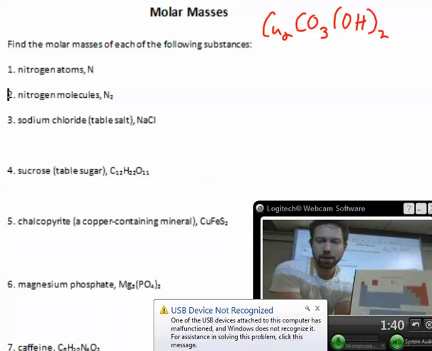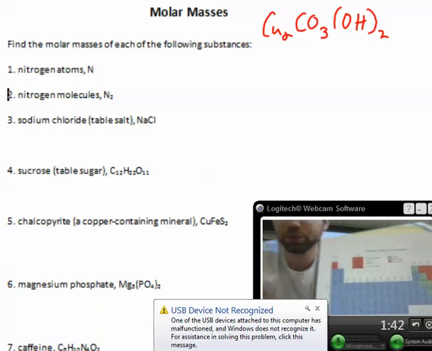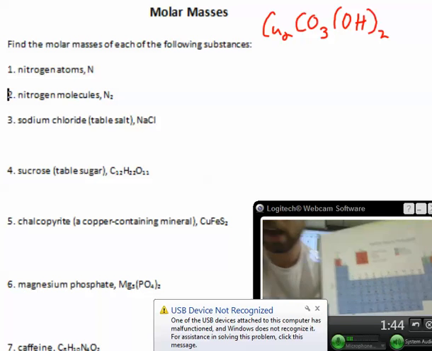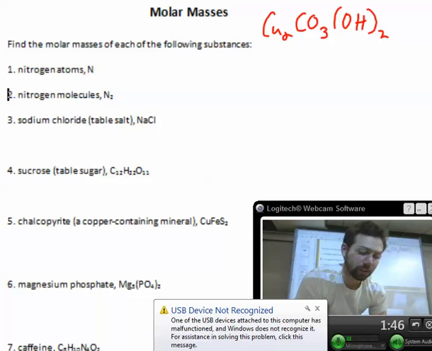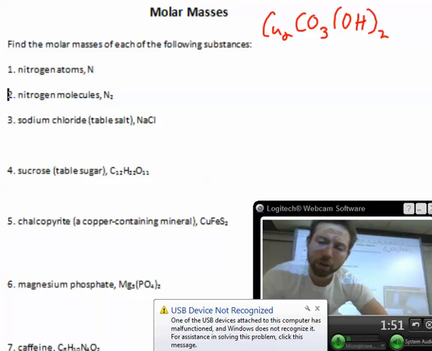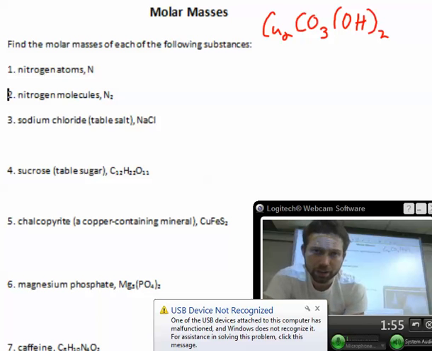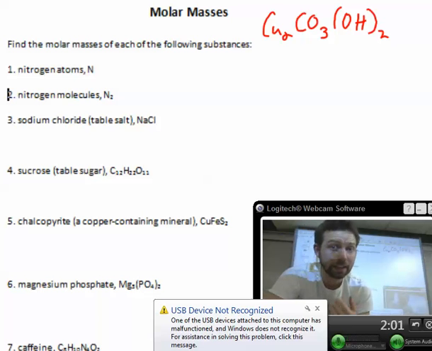There you'll have your periodic table, and on there you have your atomic number, which is the protons, but also the atomic weight, and that's used to figure out how heavy 1 mole of a particular element is.